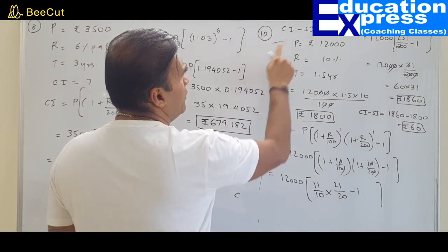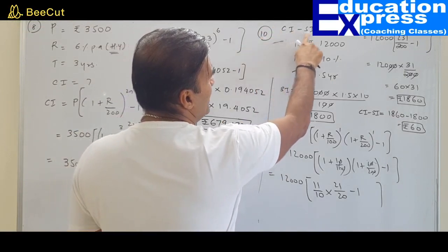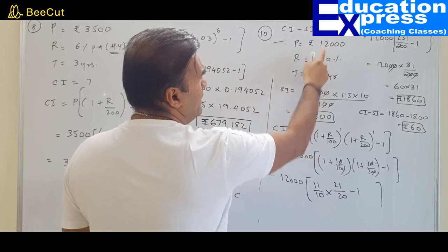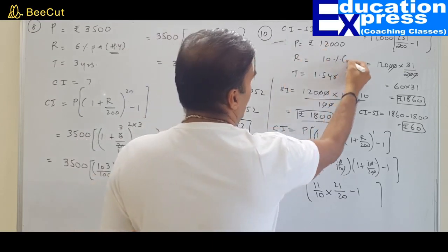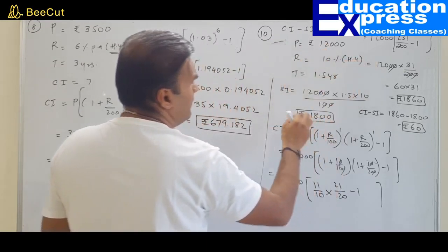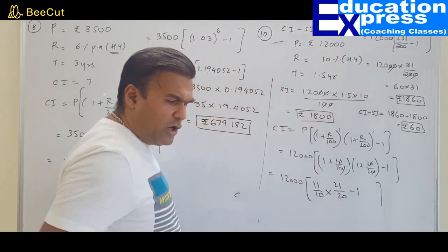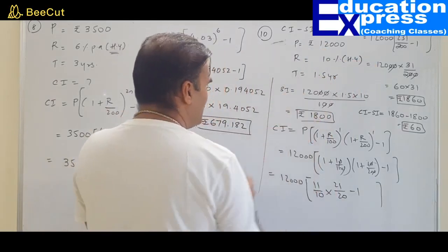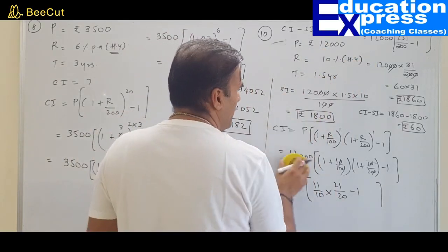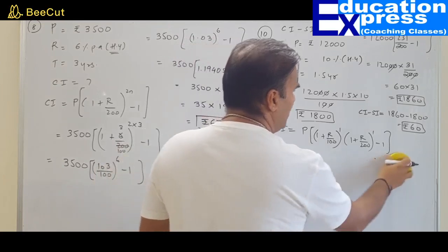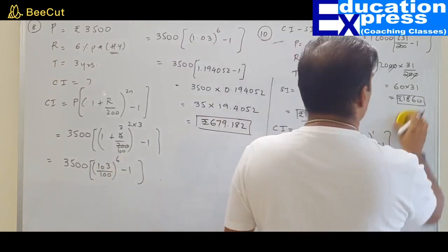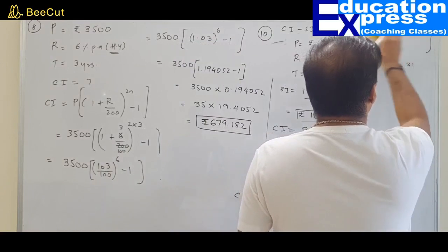what is the difference? We have to find the difference between the simple interest and the compound interest. Principal same, rate same, but half yearly. Time 1.5 years. So how do we go about it? Simple interest calculation will remain the same, but my compound interest calculation will change. What changes will it have?